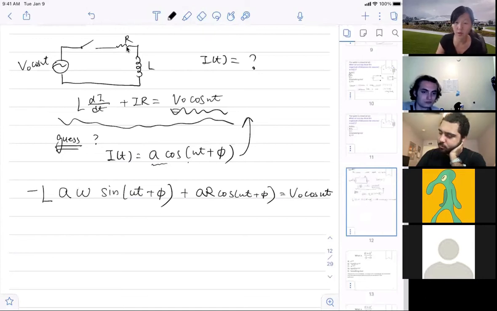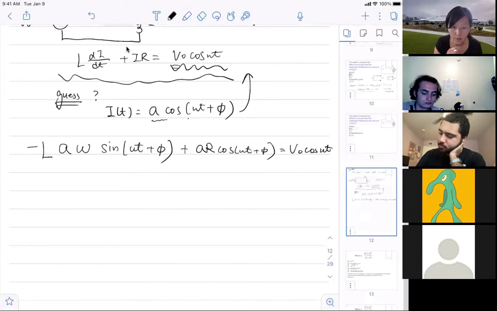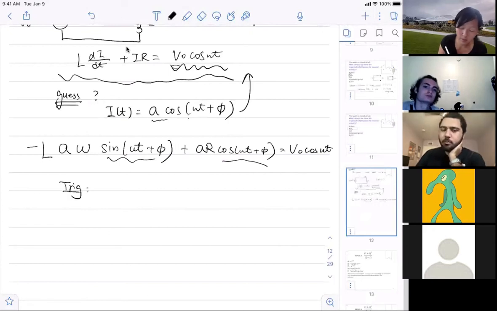So let's solve this. Okay, so I need to expand this so I can use my trig identities. Again, there's nothing you need to memorize. You can look it up. So how does this trig identity go?